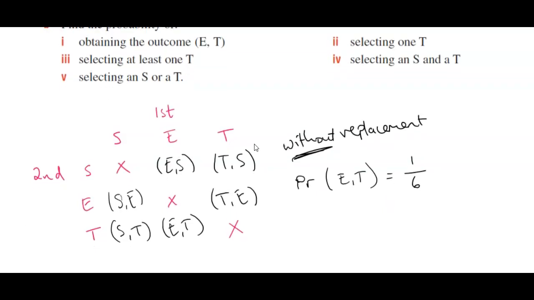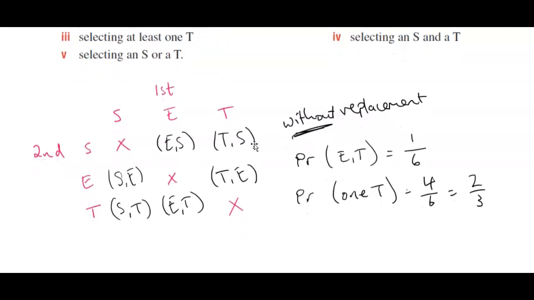All right, selecting 1T, the probability of 1T. So we count how many outcomes have a T. We've got 1, 2, 3, 4. So 4 over 6, and we should always simplify our fractions, so that's the same as 2/3.